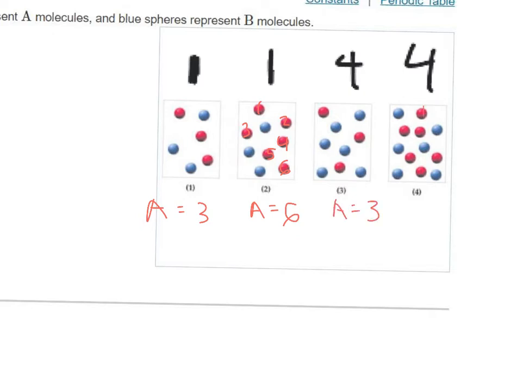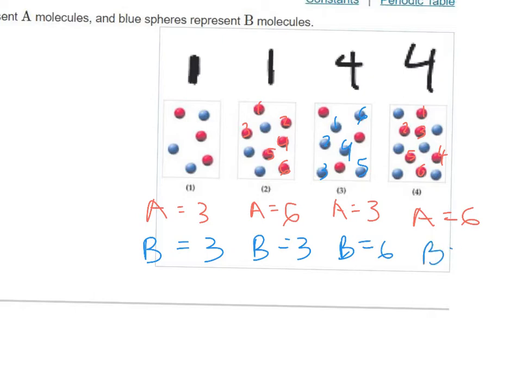And here I have 1, 2, 3, 4, 5, 6 red spheres. Now I'm going to do the same thing for my B's. 3 B's here, 3 B's here, 6 B's there, and 6 B's there.